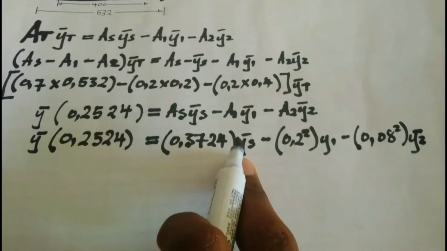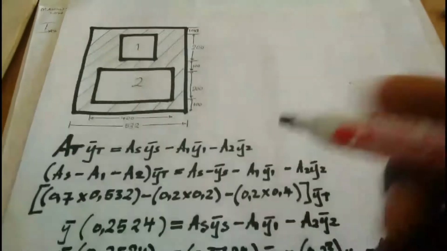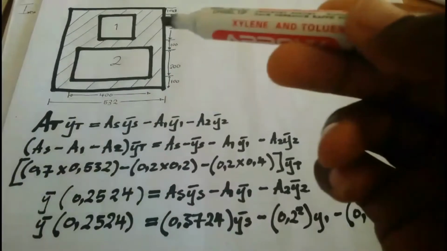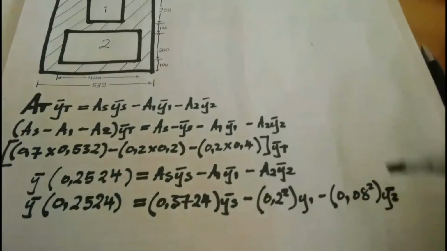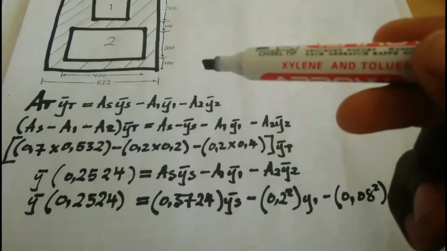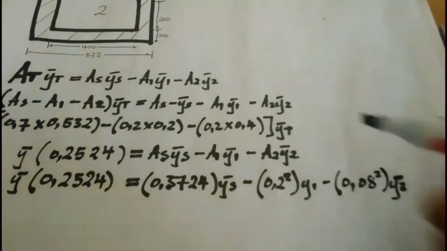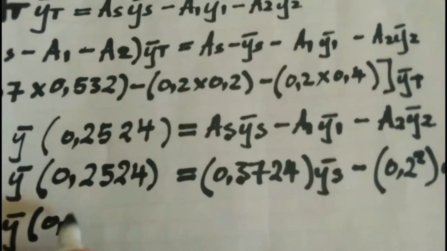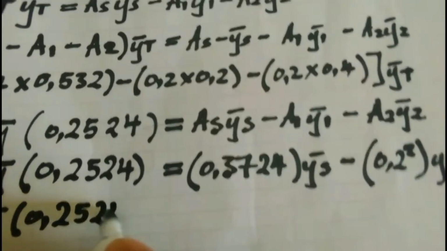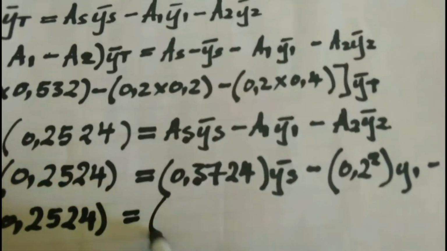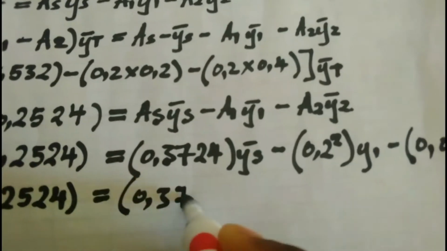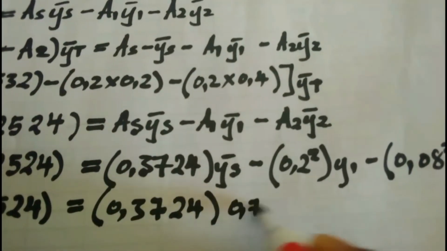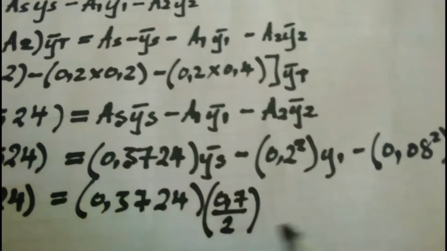For Y S bar, that is the centroid, it's 700 divided by 2, and for Y1 it's 200 divided by 2, and for Y2 it's also 200 divided by 2. So just substitute those figures. We say Y bar 0.2524 will equal 0.3724 for the solid part, times 0.7 over 2, right?